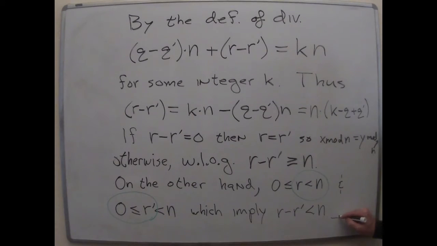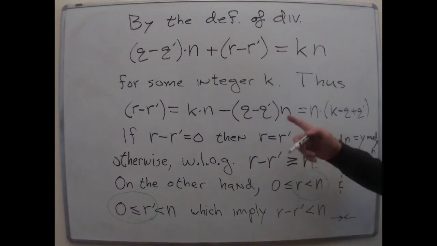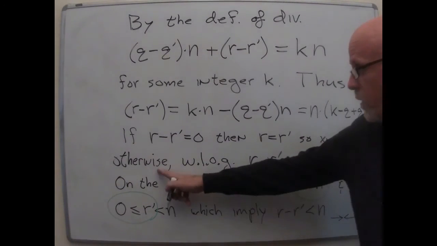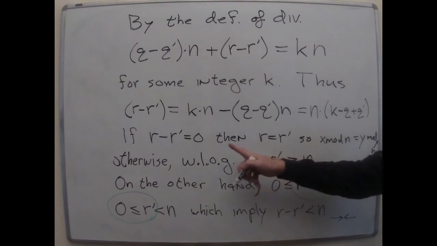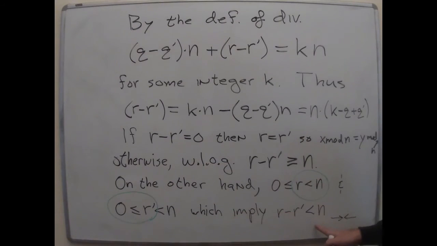And that's a contradiction. The two arrowheads butting is chalkboard or whiteboard shorthand for a whole sentence that says, this is a contradiction, therefore the original assumption was false. So on the one hand, we had the difference was 0. The otherwise leads to a contradiction, so there is no otherwise. We're just in the state where r minus r prime is 0.